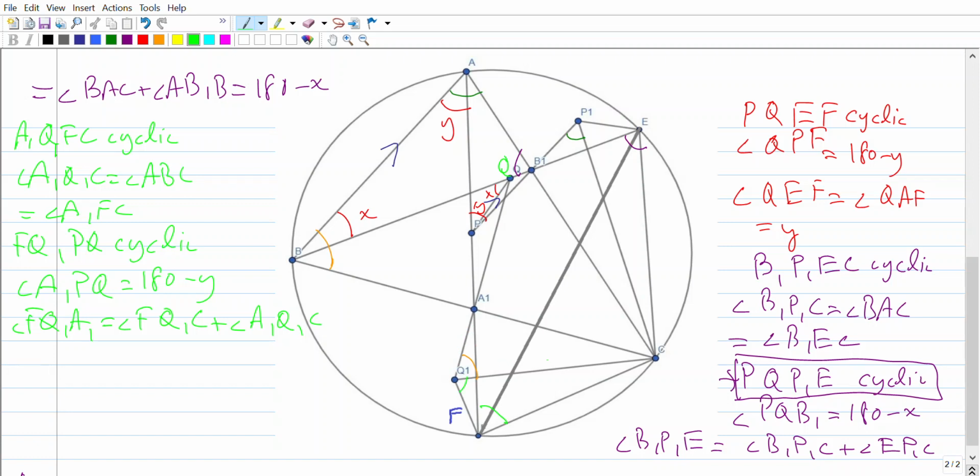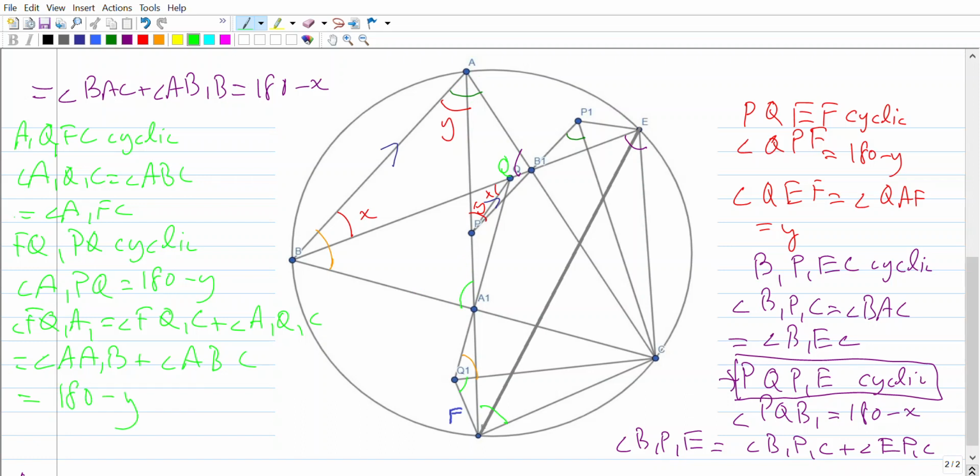By the cyclic quadrilateral A1Q1FC, we know that FQ1C is just equal to FA1C, which by opposite angles is equal to AA1B, and A1Q1C by the problem statement is just equal to angle ABC. So again, consider triangle ABA1. We have the sum of the angles ABC, the orange angle, and AA1B, which is this angle, and that's clearly equal to 180 minus Y.